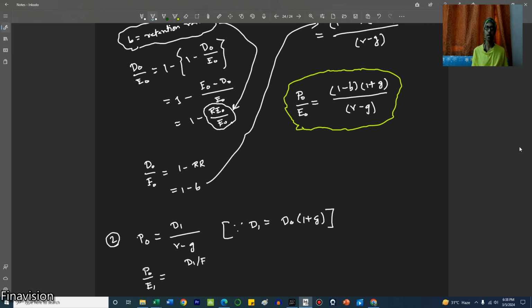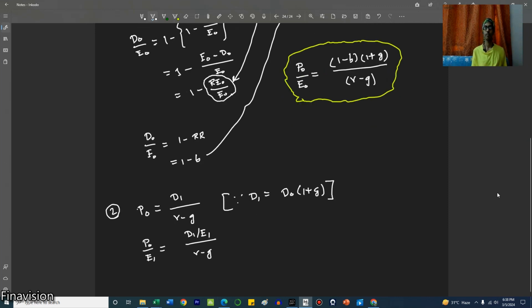P0 by E1 is D1 by E1 by R minus G, right? If you simply translate this, this becomes 1 minus B by R minus G. This is the simple expression. So in terms of forward PE, if we have to translate the Gordon growth model, the expression becomes P0 by E1, that is the forward earnings, is equal to 1 minus the retention ratio divided by required rate minus the growth rate.